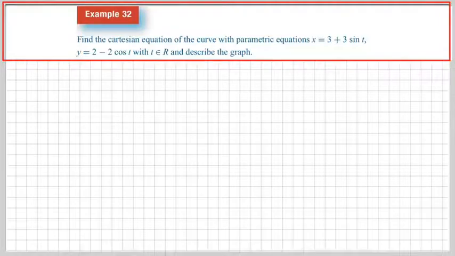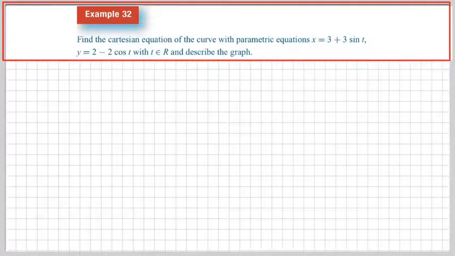This example here. Find the Cartesian equation of the curve with parametric equations x is 3 plus 3 sine t and y is 2 minus 2 cos t, where t could be any real number, and we have to describe the graph.